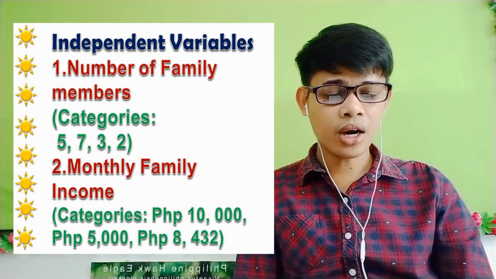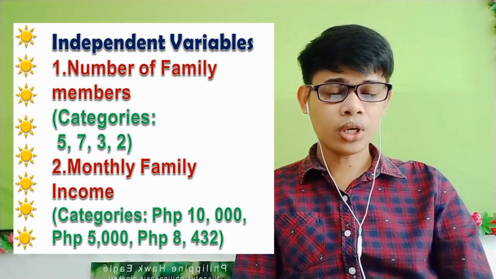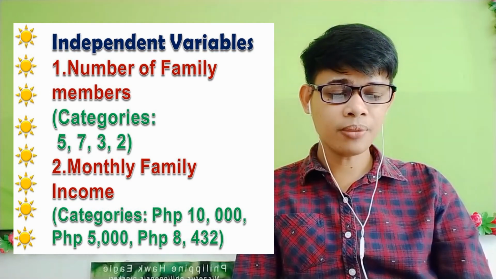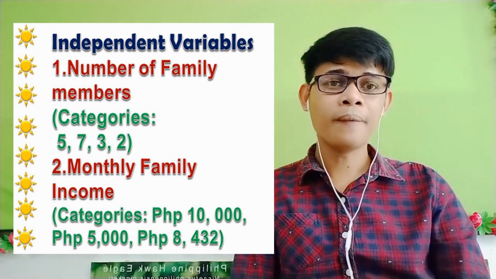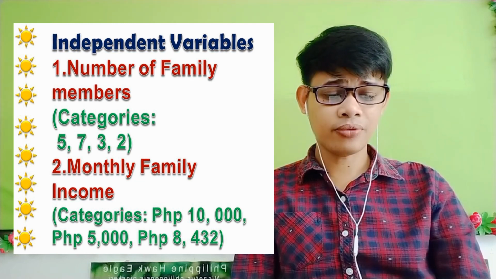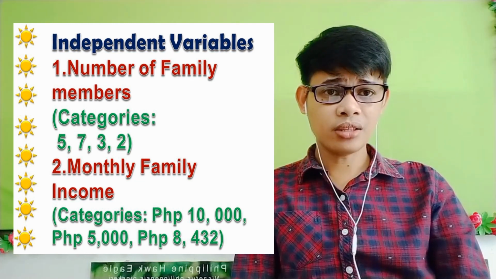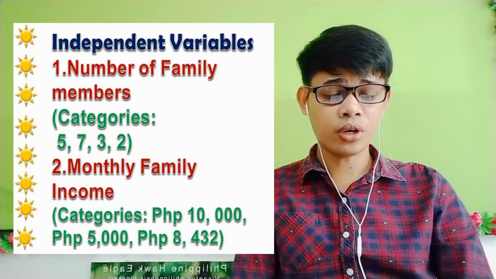And another one is the monthly family income of their family. So categories could be 10,000 pesos, 5,000 pesos, or 8,432 pesos. You can still have different values because it depends on your research and how you are going to do that in your research.